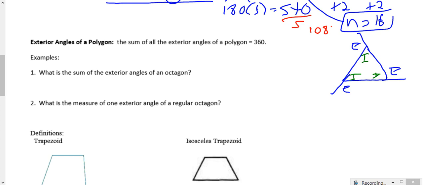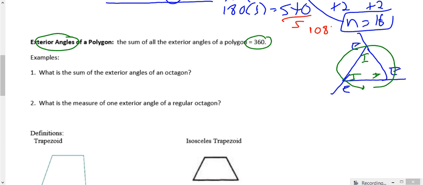Now, the nice thing about exterior angles is that it's like walking around a building. You would rotate 360 degrees, no matter what shape it is. Once you walk around the building, you have done a full circle. So that is a very nice piece to exterior angles. They're always going to add up to 360.